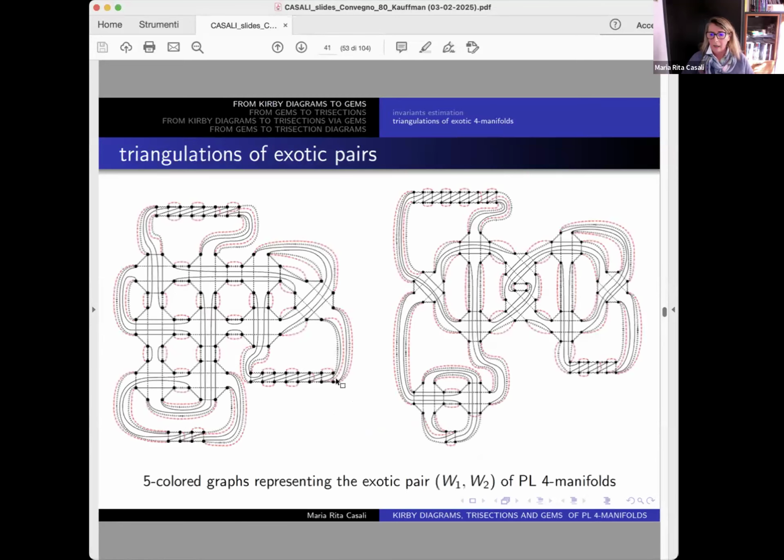These are the 5-color graphs representing a triangulation, a crystallization, of this exotic pair. Obviously, exotic pair means that they are 4-manifolds which are TOP homeomorphic, but not PL homeomorphic.